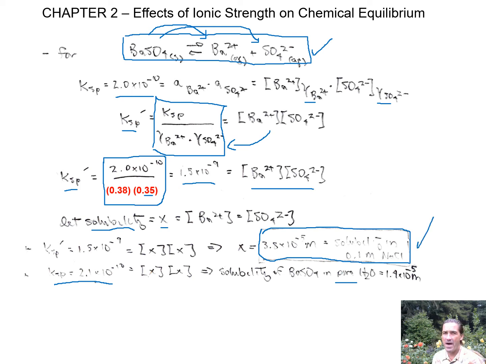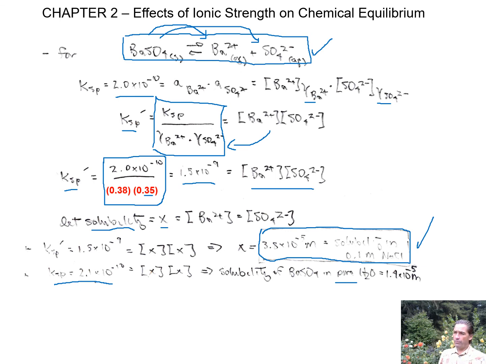That's due to the masking effect. That's due to the fact that the ions have a hard time finding each other and binding together to move the reaction to the left. But the reaction going towards the right is still at the same rate.